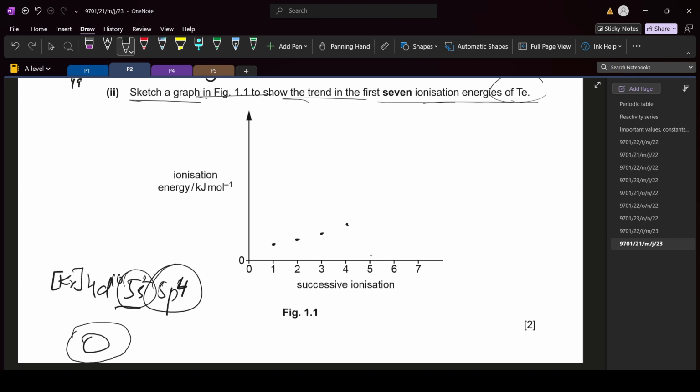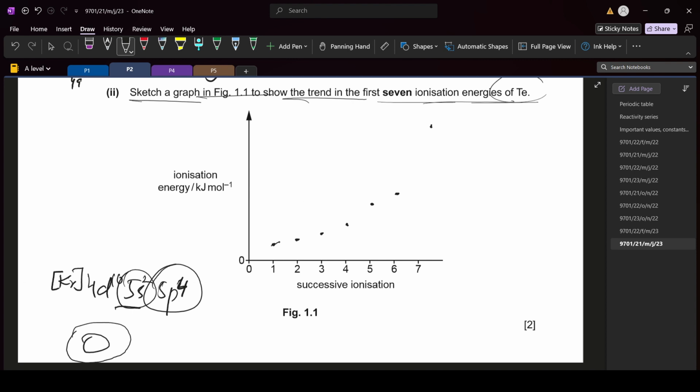So there will be a higher change in the fifth ionization energy, but not as much higher, because the shell is not changed. The shell is the same, which is the fifth shell. But there will be a little more energy required for the fifth ionization energy. Then you have the sixth ionization energy like this, and then for the seventh ionization energy, the shell is changed, so there will be a big jump like this.